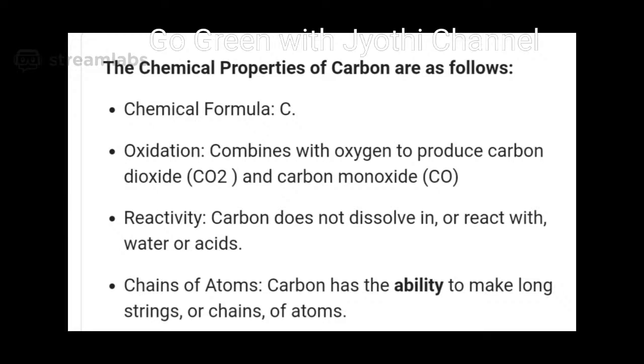Carbon combines with oxygen to form carbon dioxide. Carbon dioxide released from automobiles and industries also has a greater negative impact on the human body.